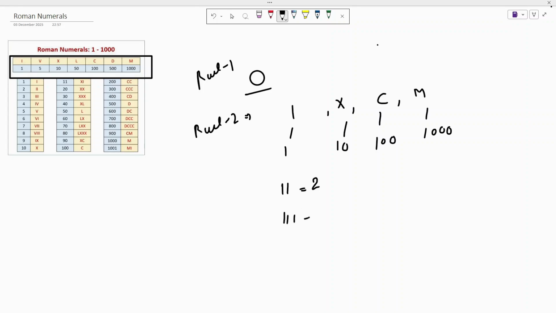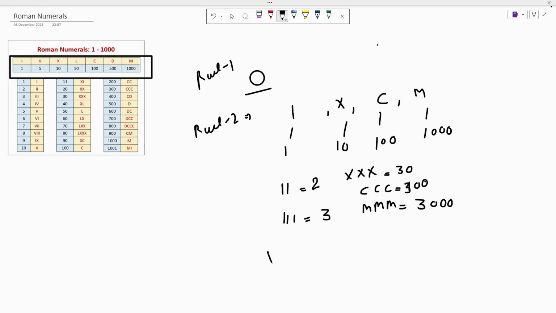If I repeat I thrice, this represents 3. In the same way XXX is 10 plus 10 plus 10, which is 30. CCC is 100 plus 100 plus 100, 300. And MMM is 1000 plus 1000 plus 1000, which is 3000. So these symbols we can repeat a maximum of 3 times.